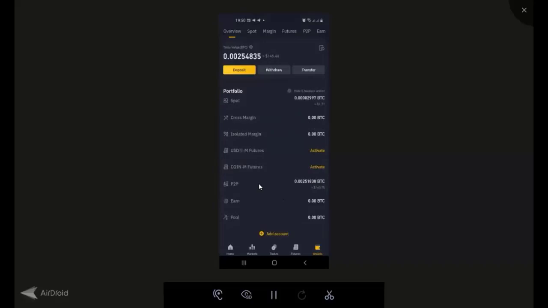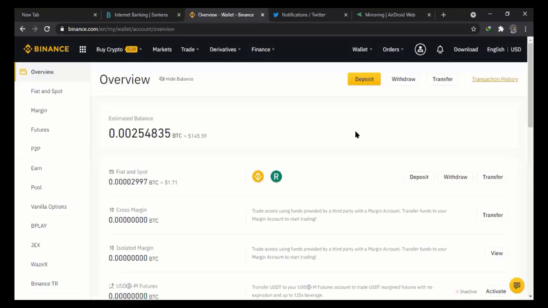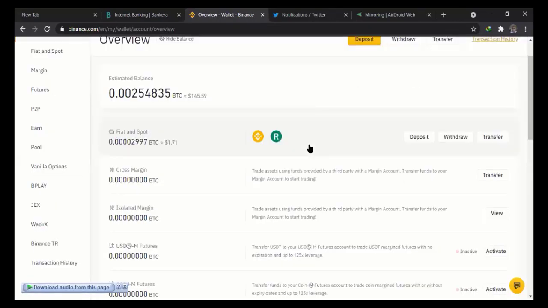Okay, it has refreshed. You see that on peer-to-peer, I've got $143.75. So it has gone to my peer-to-peer. Sometimes it's faster to use the app than the website, especially if you are using slow internet.